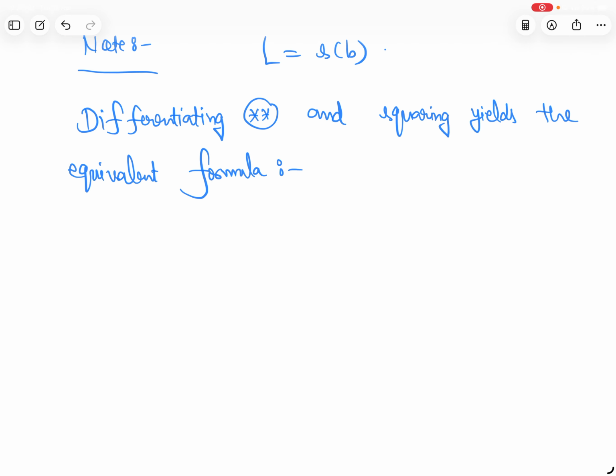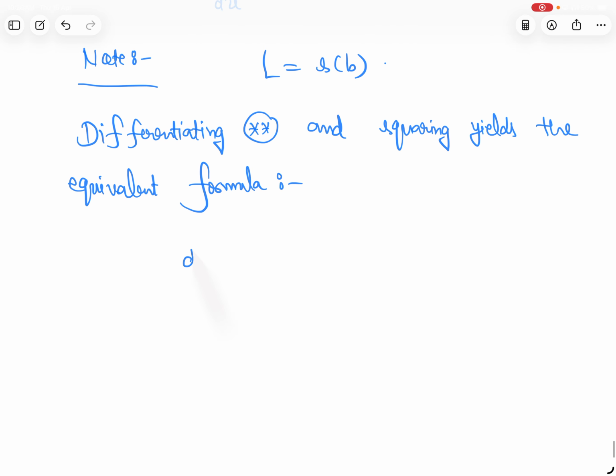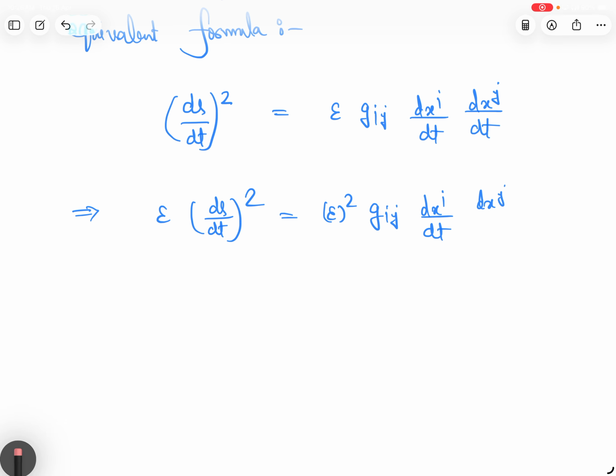When we take the differentiation with respect to t of double star, what will we get? (ds/dt) square equals epsilon gij dxi/dt dxj/dt. Now, multiplying epsilon on both sides, we get (ds/dt) square epsilon square equals gij dxi/dt dxj/dt.